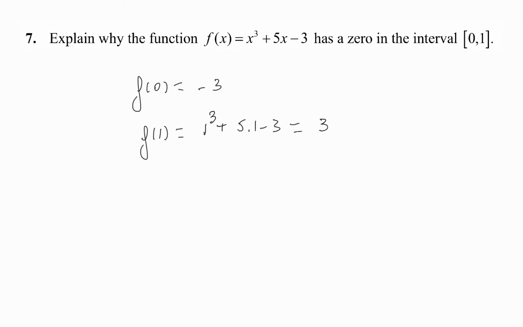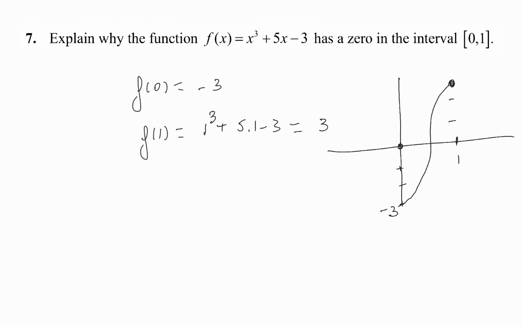So I have a function that is defined on the closed interval 0, 1, and the value of f of 0 is minus 3, and the value of f of 1 is 3. So the function goes like this.